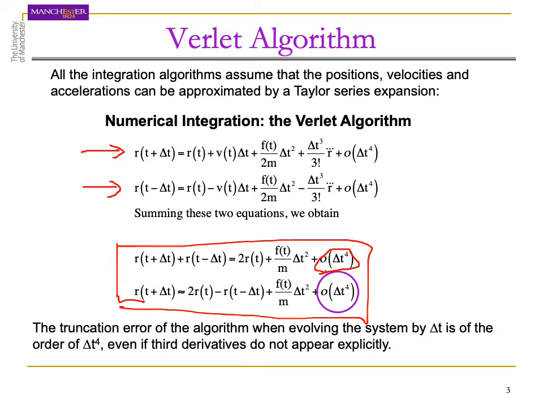That means that the error is very low if we keep delta t very low. Let's say that your delta t is 10 to the minus 15 seconds, which is 1 femtosecond, the order of magnitude of the delta t used in molecular dynamics. You can see that an error of order delta t to the power of 4, applied to a time step of 10 to the minus 15 seconds, means that we are committing a very small error.